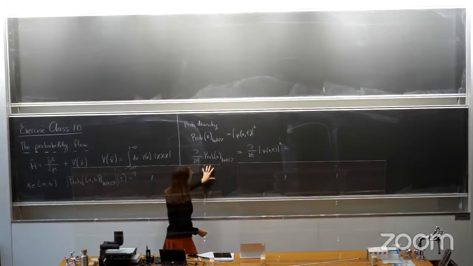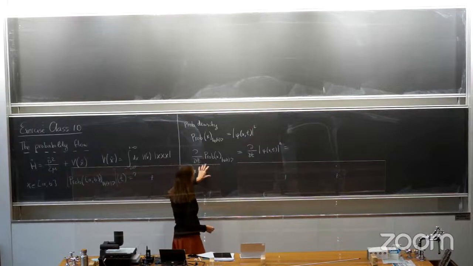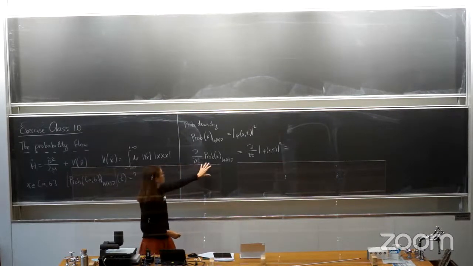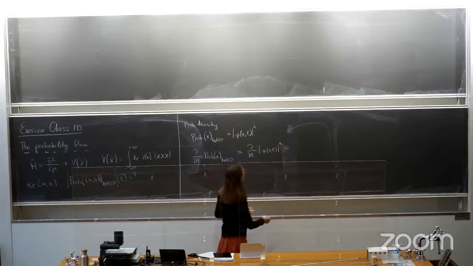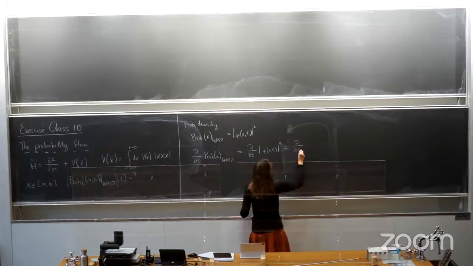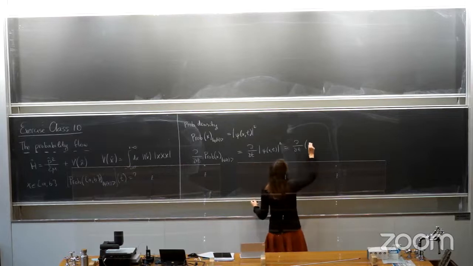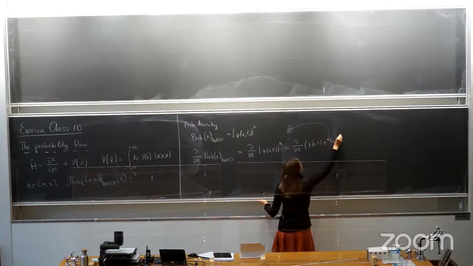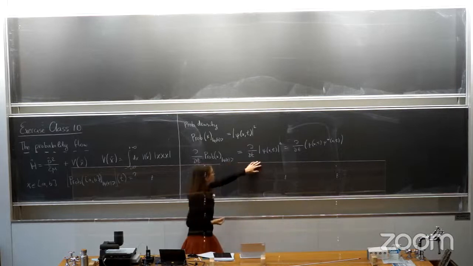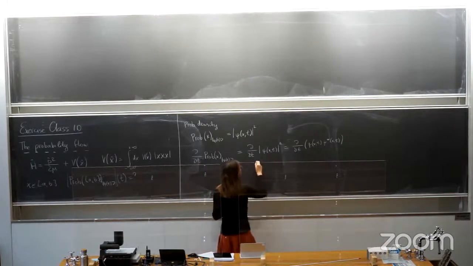So basically, we take the partial derivative of this probability density, and we arrive at the partial derivative of this modulus psi squared. And here we rewrite this as a partial derivative of the object psi of x,t times psi conjugate of x,t. This follows from the fact that for a complex number, its modulus squared you can write as z times z conjugate.